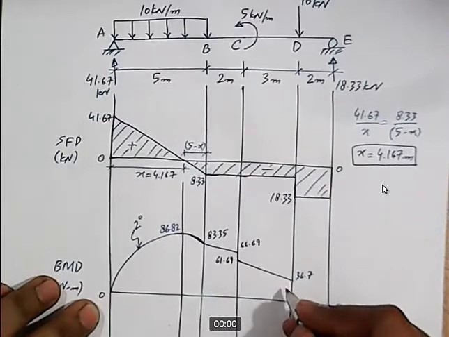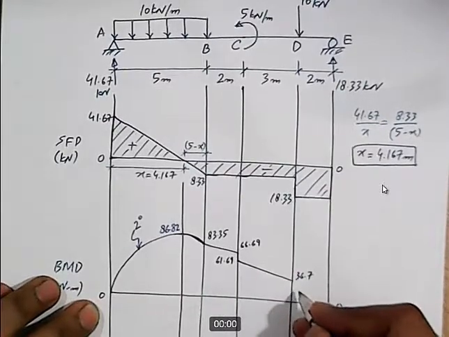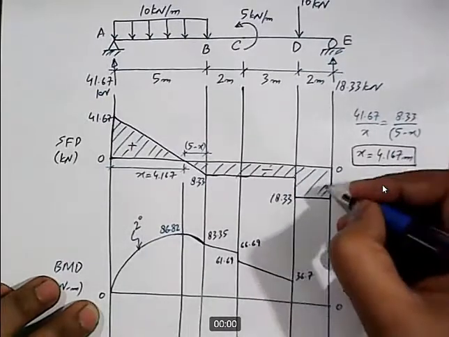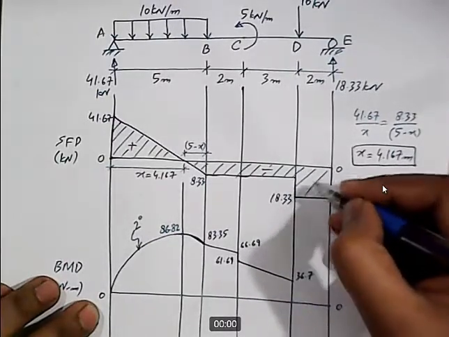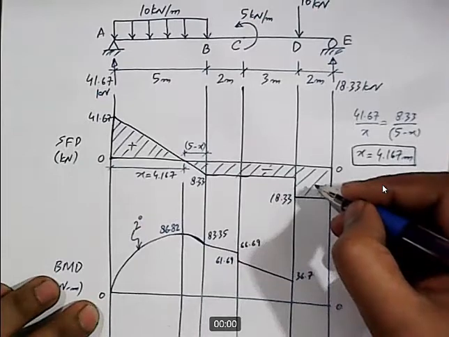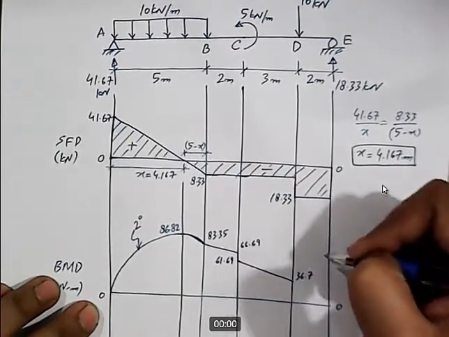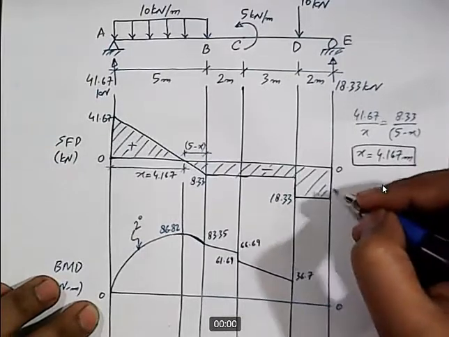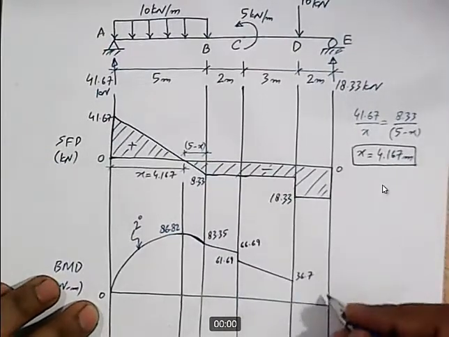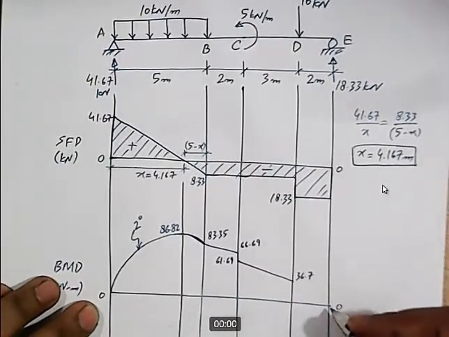And this is a straight line. Okay, and 36.67 is positive. Then subtract this area from 36.7. So 36.7 minus 18.33 into 2, and this should give us the value of moment at this point.